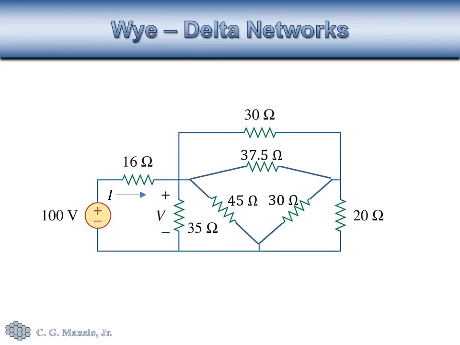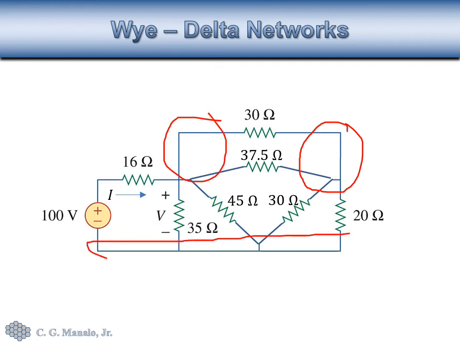So now we can combine the resistances, because if we identify the nodes, so these are the new nodes now, this one and this one as well. So we notice that 30 and 20 are in parallel, 30 and 37.5 are in parallel, 35 and 45 are in parallel.